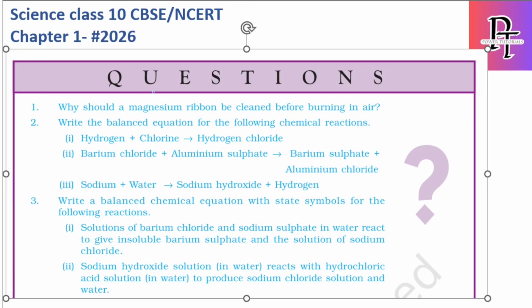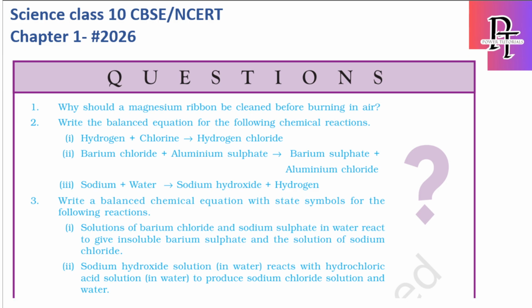Why should a magnesium ribbon be cleaned before burning in air? Because if you keep magnesium outside, magnesium oxide will be formed around it. So it has to be cleaned so that the magnesium oxide formed as a coated layer on the magnesium will be removed.